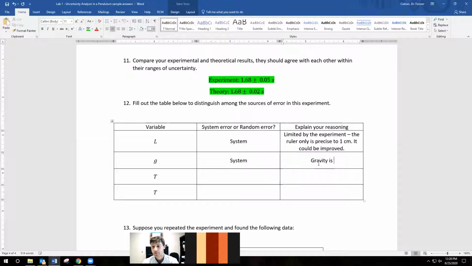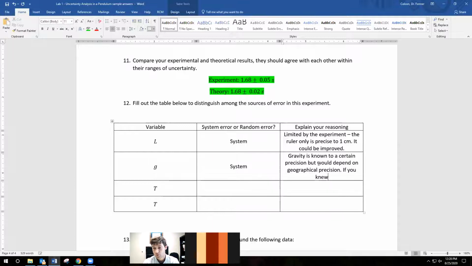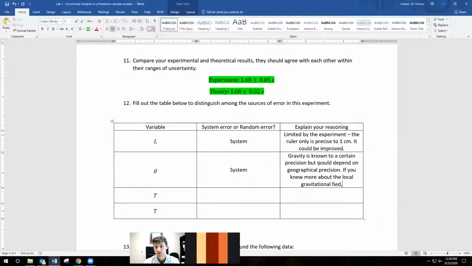Gravity is known to a certain precision, but it could depend on geographical location. If you knew more about the local gravitational field, it could be more accurate.